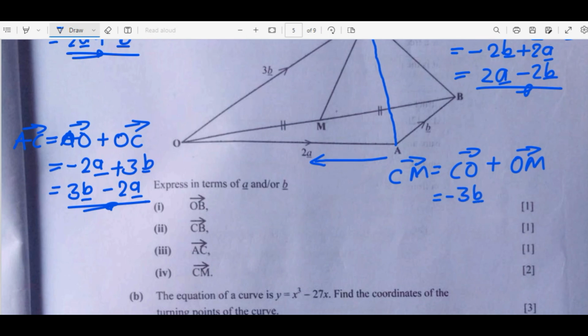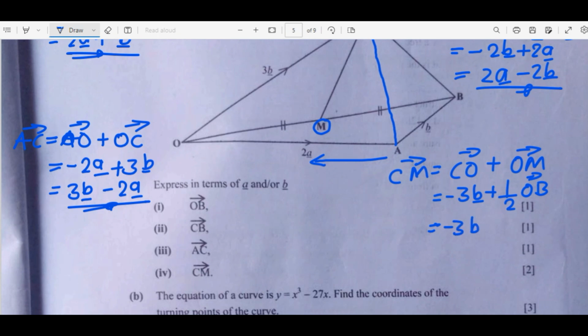We don't have the vector OM, but we have the vector OB. If you remember, we are told M is the midpoint of OB. So M divides OB into two equal parts. What this means is that we want half of the vector OB, so we introduce half times the vector OB.